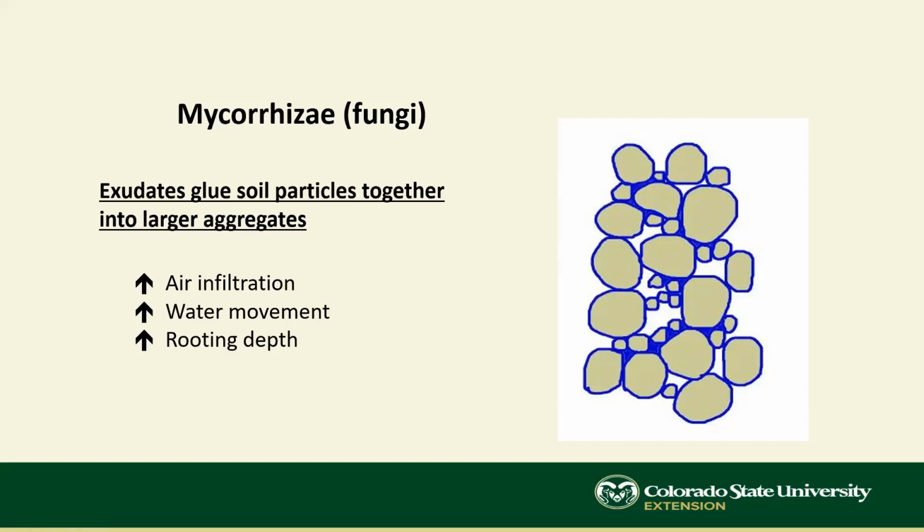When we have our soil bound in these little aggregates, that opens up a lot more space for water and air to go through. It makes it a lot easier for roots to go through the soil. So that's another cool thing that fungi do.